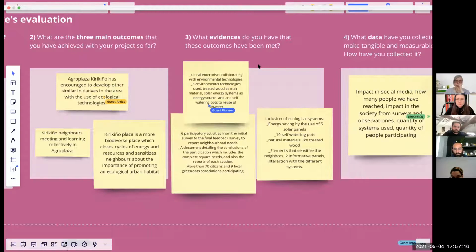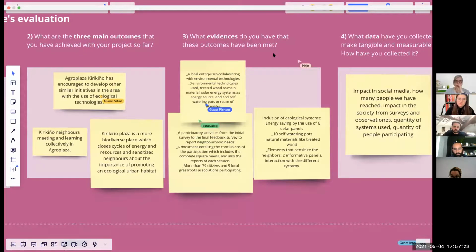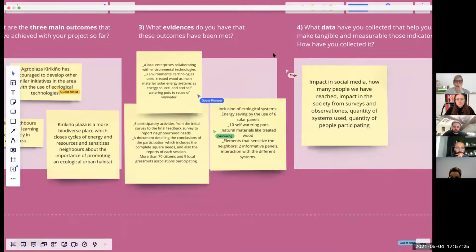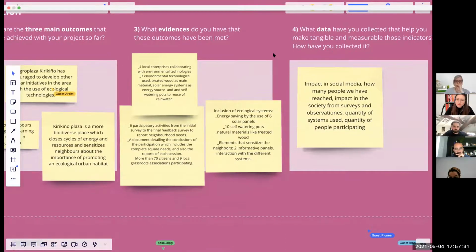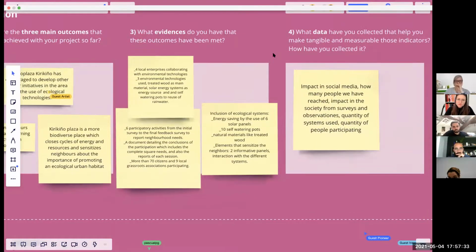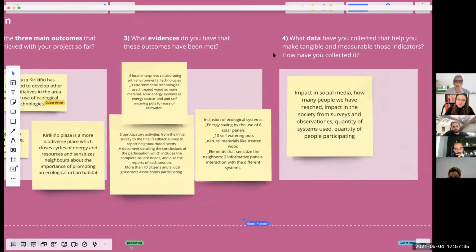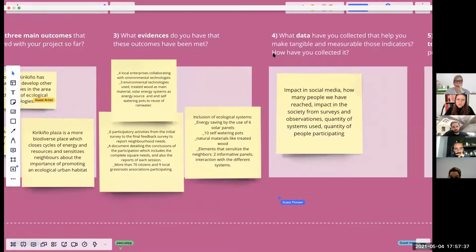The evidence is the participation we did, the local enterprises participating, the technologies used, the systems used in the project, and how many citizens were participating.